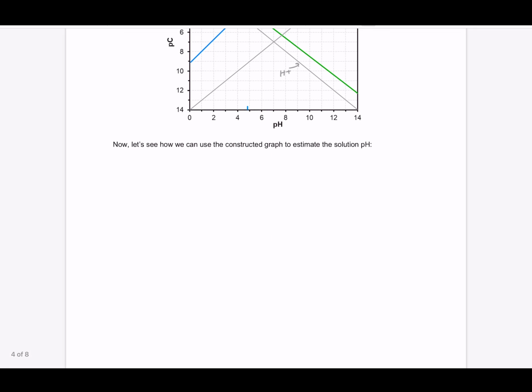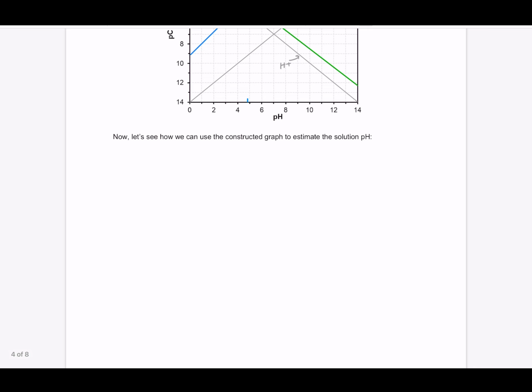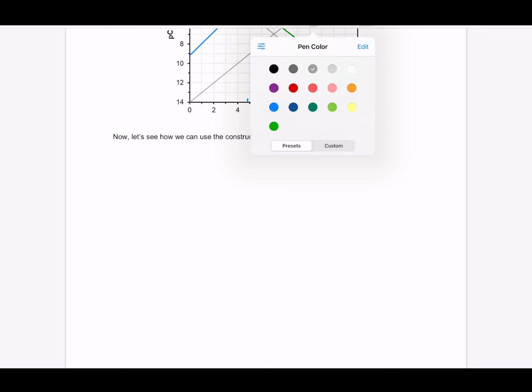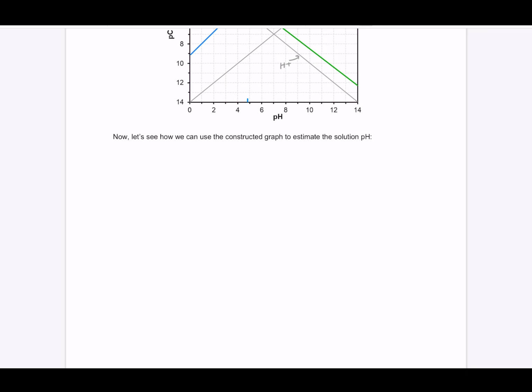So the only equation that we didn't use here was the charge balance equation. And when we add 10 to the minus 3 molar HPR, eventually when we reach equilibrium, the charge balance has to be satisfied.